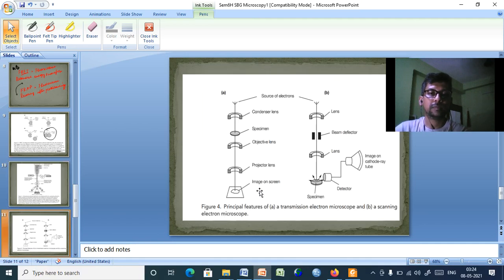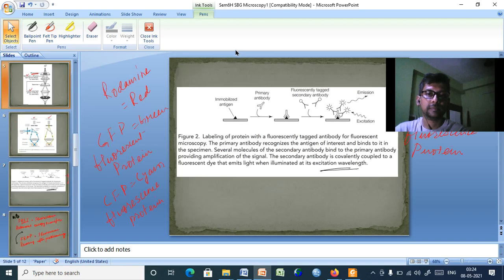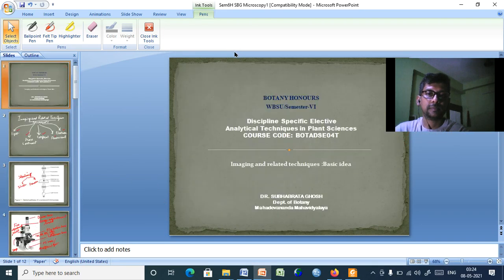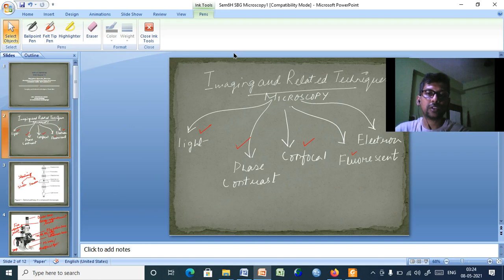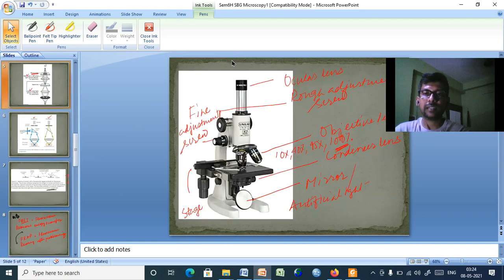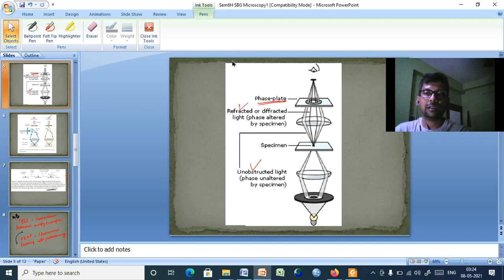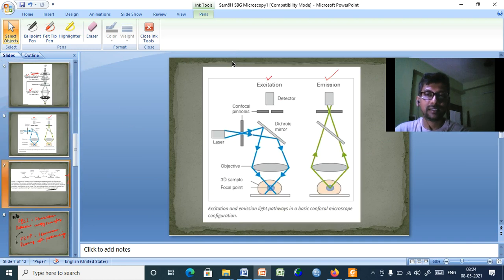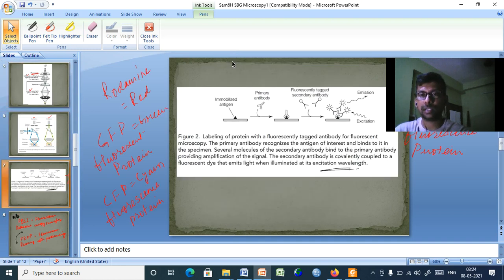Now, please consider another important microscopy technique, that is electron microscopy. In electron microscopy, the most important aspect is that there is no light and no glass lenses.